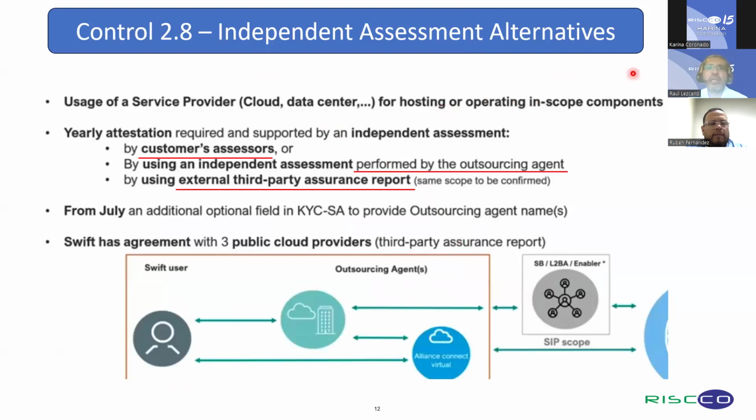Yeah, when we see the independent assessment alternatives, during evaluation of Control 2.8, what Swift highlights is that the client could have its own team of independent assessors to assess the controls in place and the controls of the service provider, or the service provider can contract and execute the assessment themselves with their own independent assessors, or there is a combination between them.